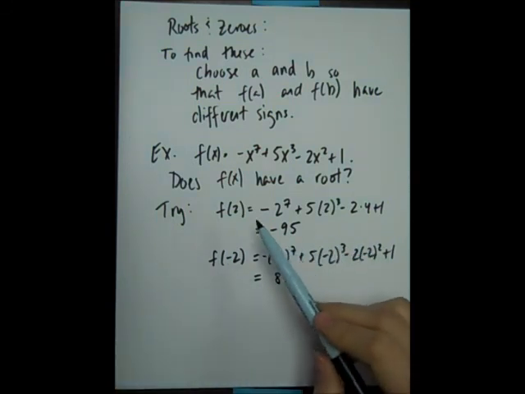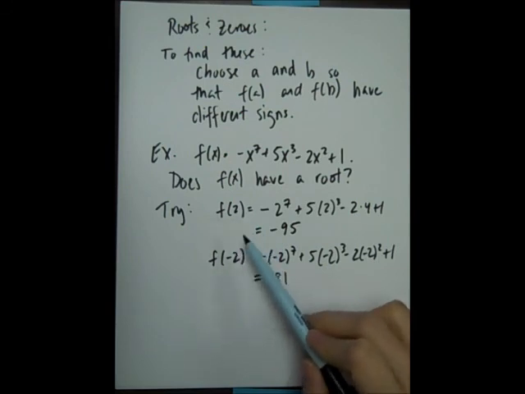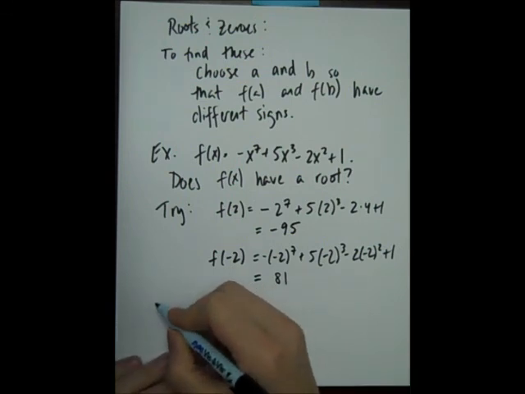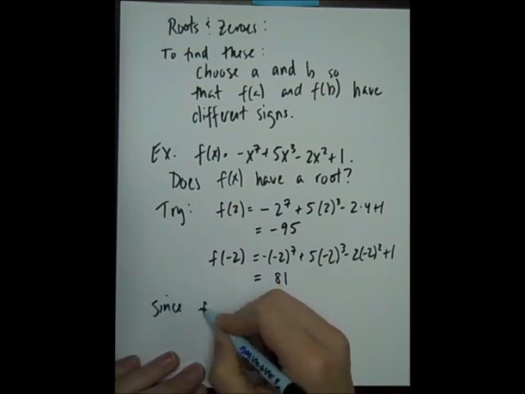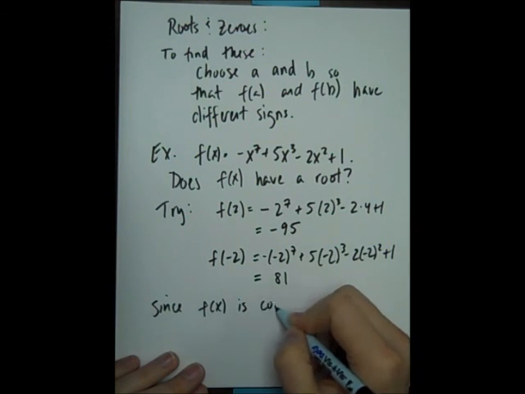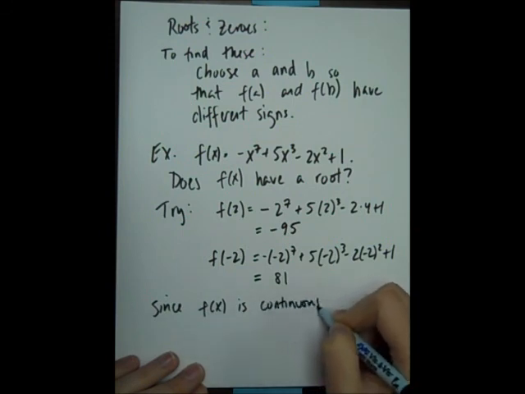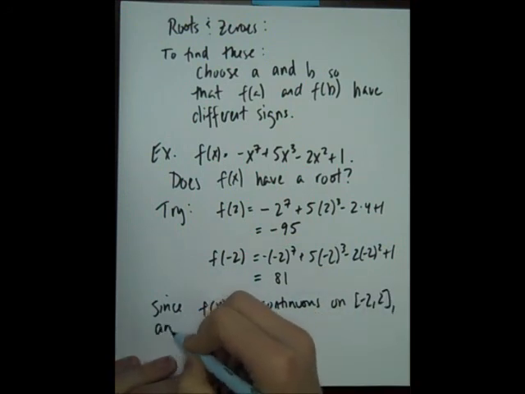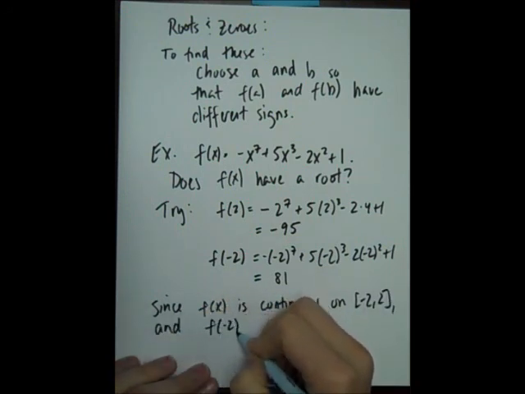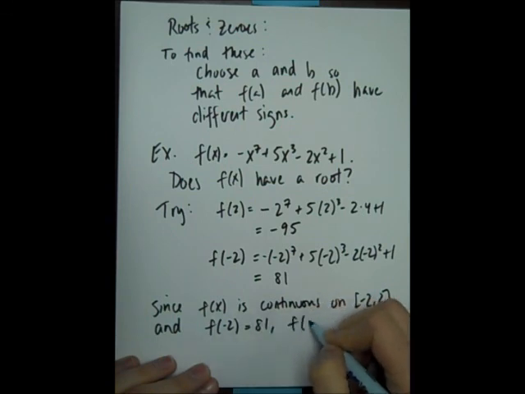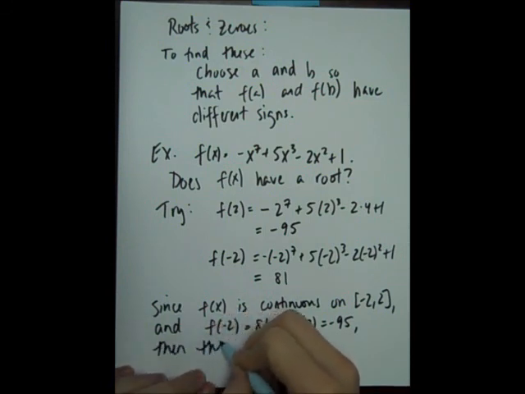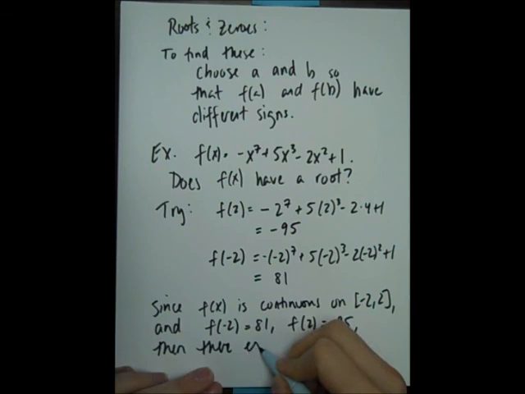What I've just done is I've found two x values that give corresponding y values of different signs. Since f of x is continuous, it's a polynomial, it's always continuous, on the interval from negative 2 to 2, and f of negative 2 is 81, f of 2 was negative 95, then there has to be some c value.